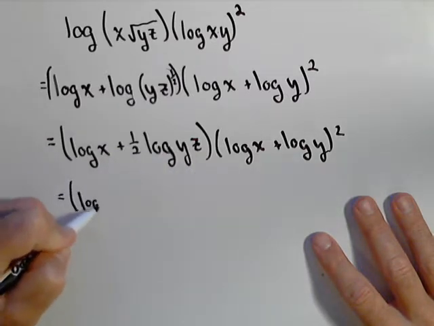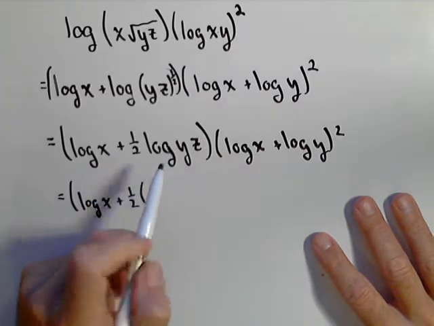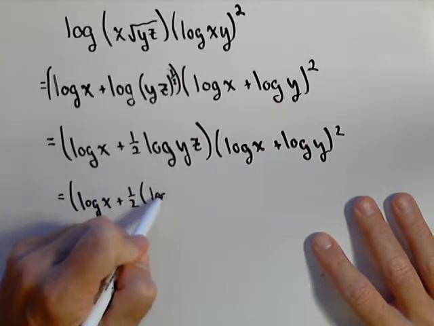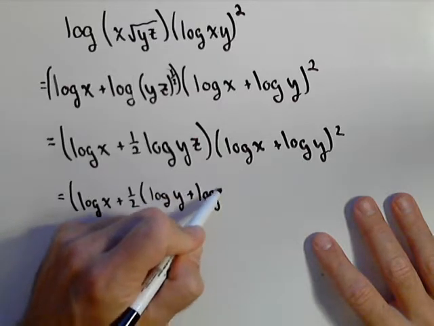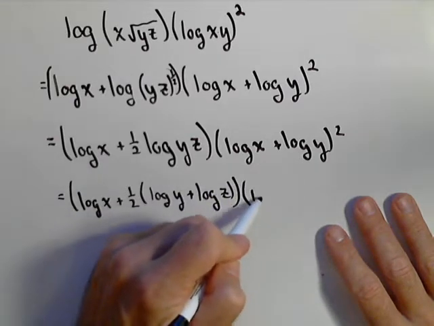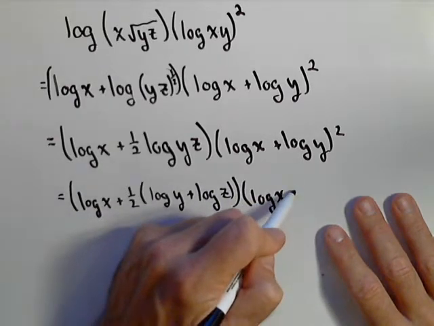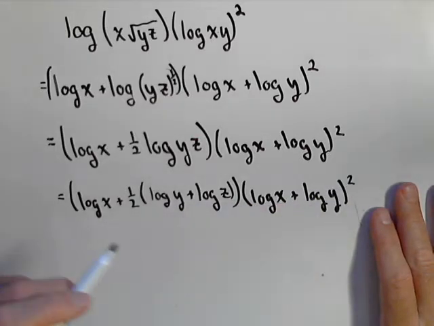So we have log of x plus 1/2. Now this does need parentheses when I split it: log of y plus log of z. Close those parentheses. Now this one was already done: log of x plus log of y, the quantity squared.